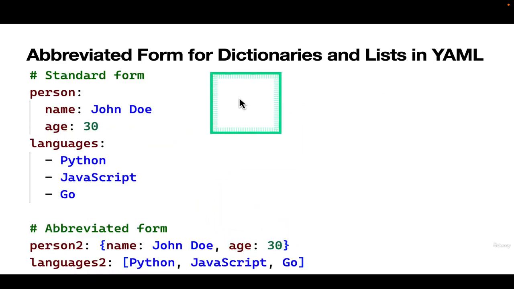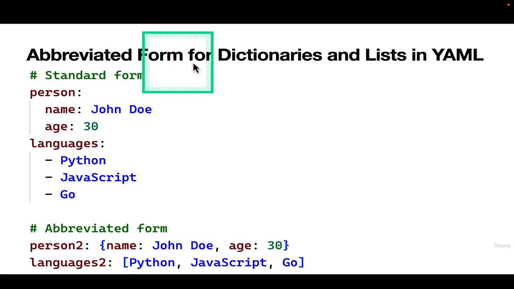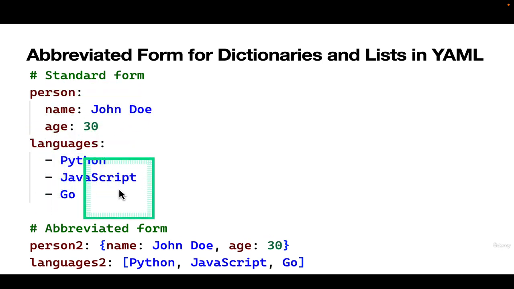Next we have the abbreviated form for dictionary and list in YAML. We have already seen the standard form. This is a map and this is a list, but there is an abbreviated form. The abbreviated form for a dictionary uses curly braces, and key value pairs are separated by commas.